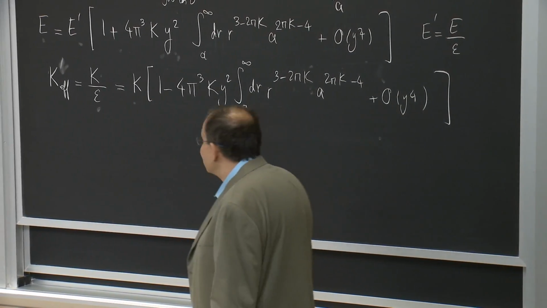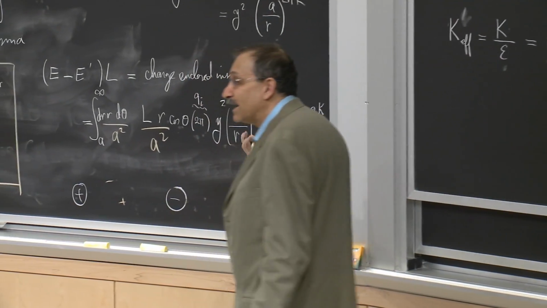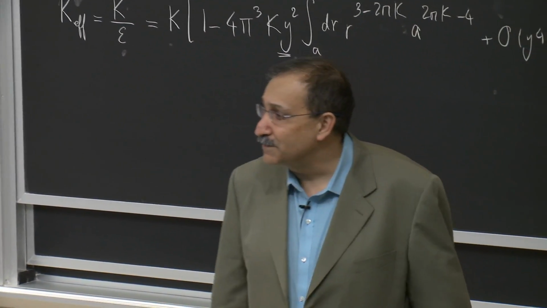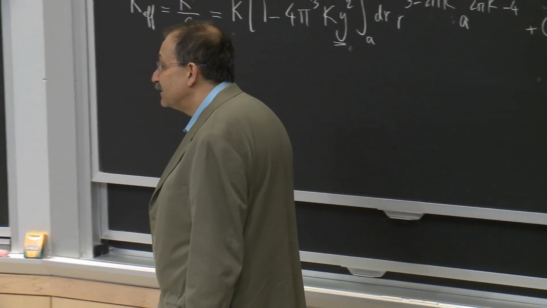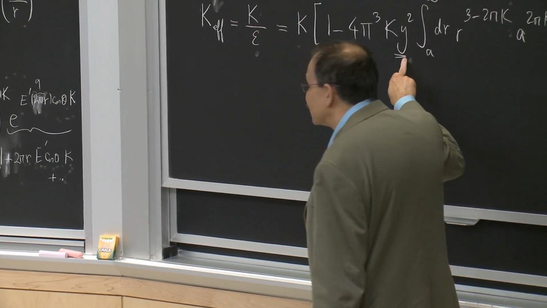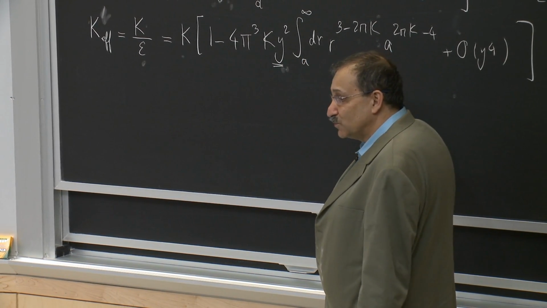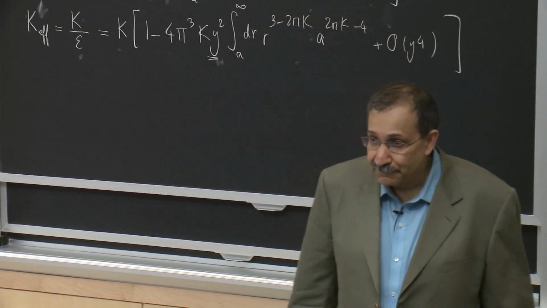So I thought I was controlling my expansion by making y arbitrarily small. But what we see is that no matter how small I make y, if k becomes too small, the perturbation theory blows up on me.